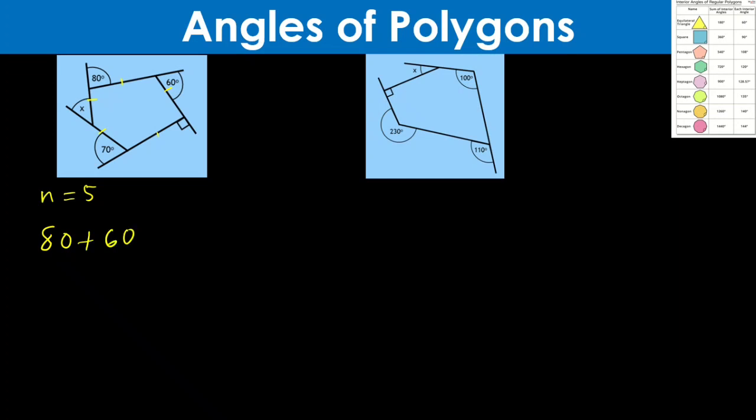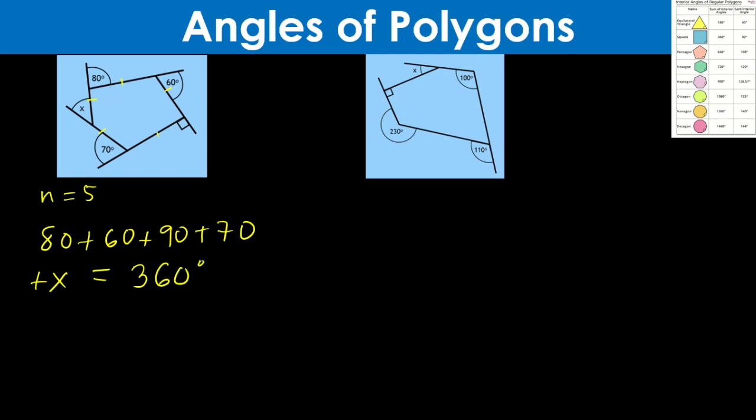Let's remove the degrees first for convenience. And this is 90 plus 70 plus x. Okay, plus x. The sum of the exterior angles is 360 degrees, if you remember it.